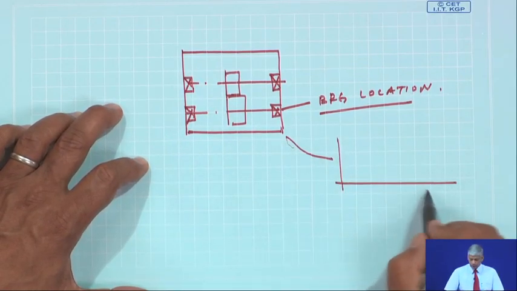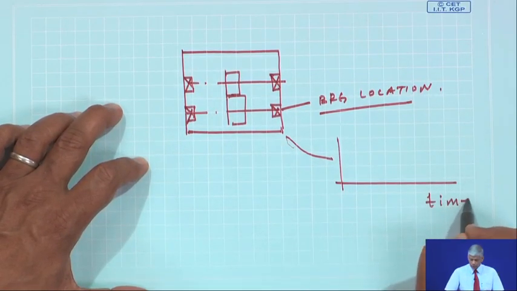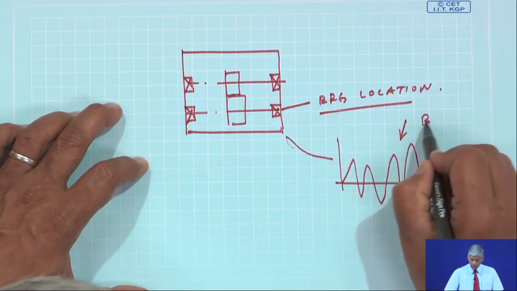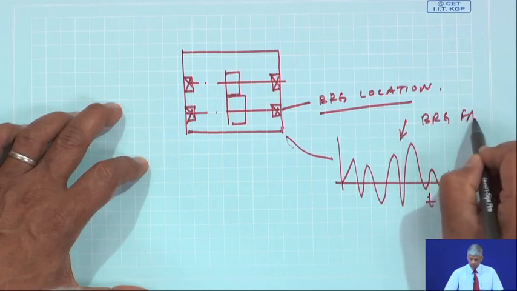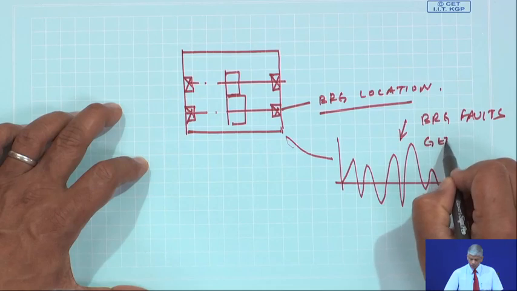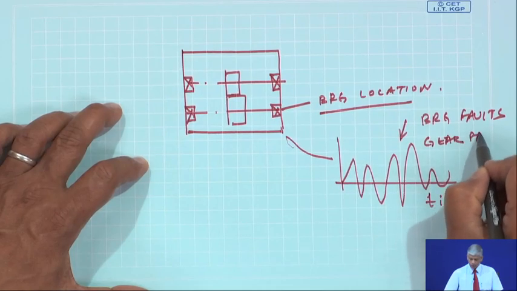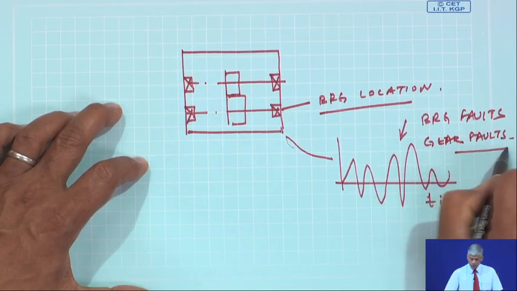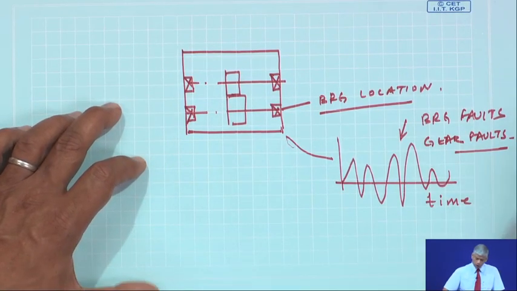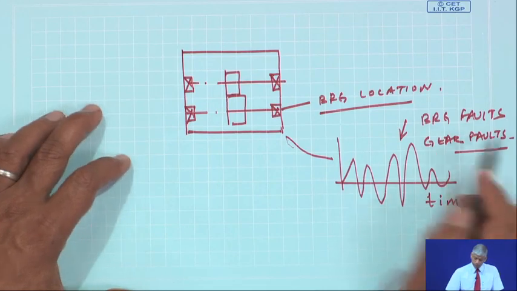So, there could be bearing faults, or gear faults. So, how can this be reduced?